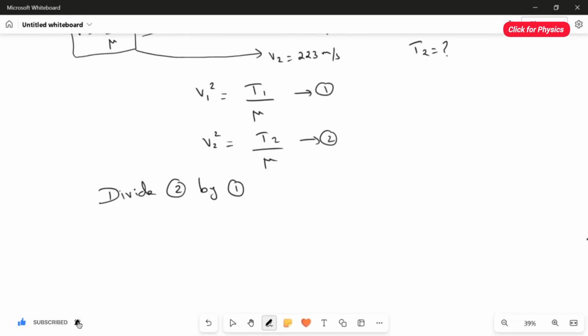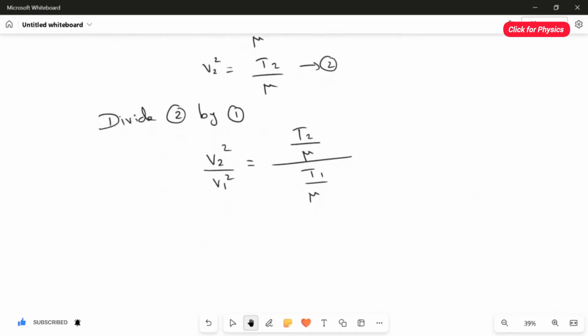So let's divide on the left hand side. V2 squared over V1 squared, which is equal to T2 over mu over T1 over mu. If you rearrange, we get V2 squared over V1 squared equal to T2 over mu multiplied by mu over T1.